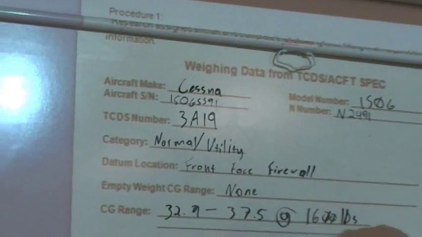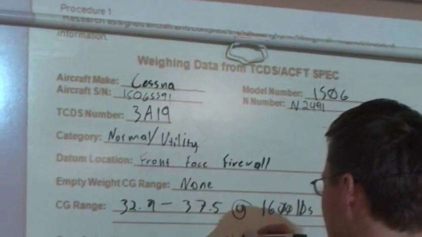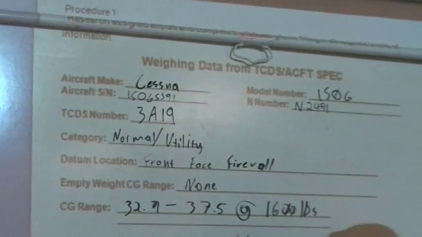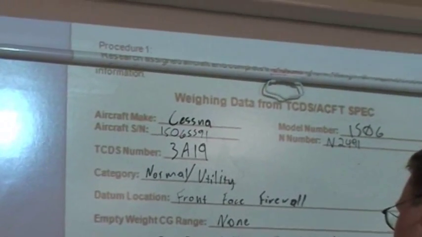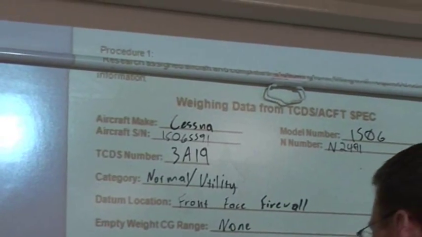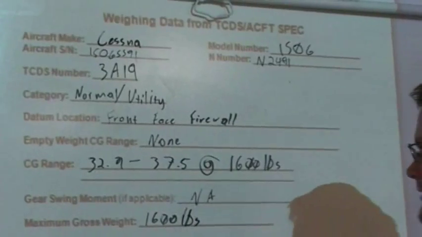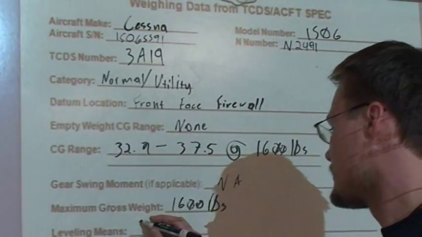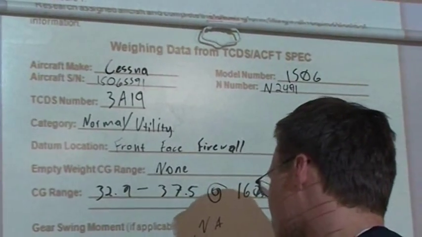Now the gear swing moment, not applicable. And the maximum gross weight is 1,600 pounds? Yes. Now the leveling means is the top of the tail cone, also told to us by our TCDS.